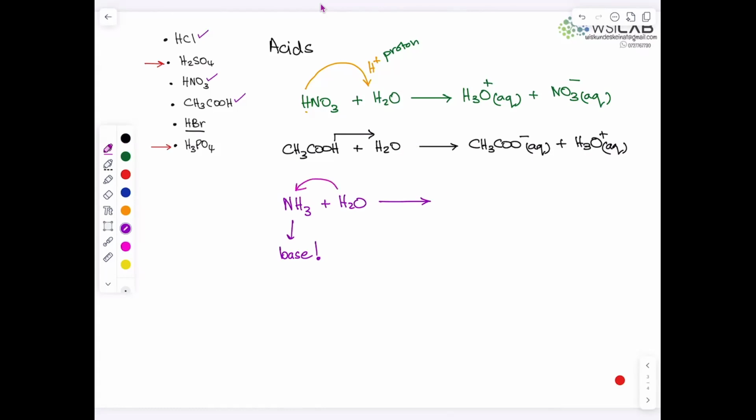So that base becomes NH4+ in aqueous solution. And what remains of the water is just one O and one H, hydroxide ions, in aqueous solution. And this one is kind of important because it's opposite. The water gives the hydrogen away. It doesn't receive the hydrogen. Okay, make your notes here.